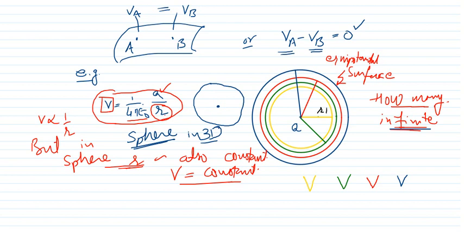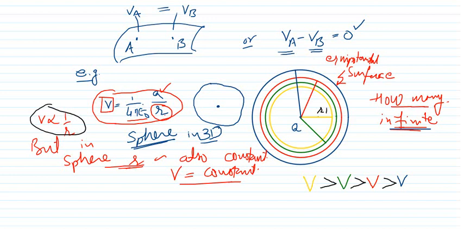In the potential formula, V is inversely proportional to R. The smaller the R, the more V will be. So V yellow will be greatest, it will be more than green, green will be greater than red, and red will be greater than blue, and blue will be smallest because the radius of the blue is largest.